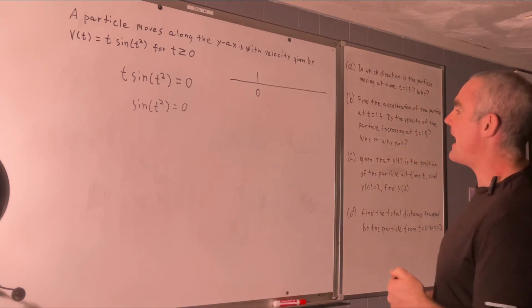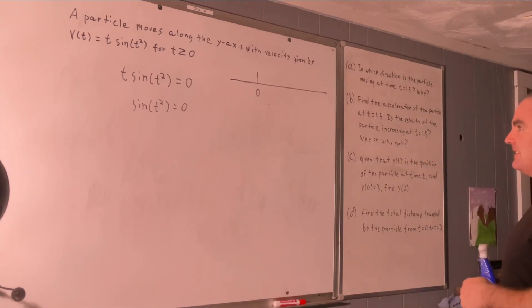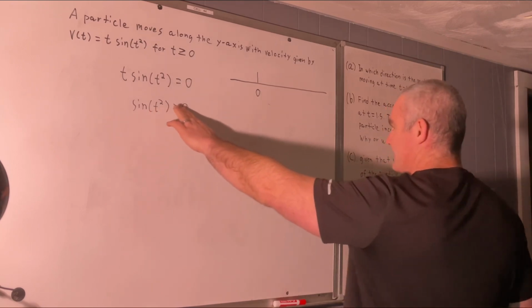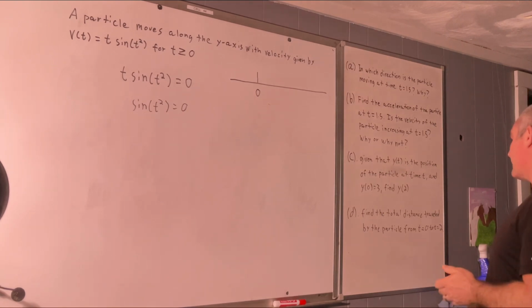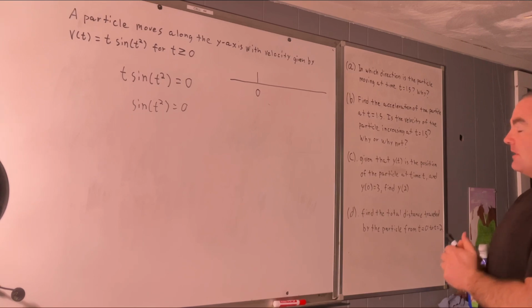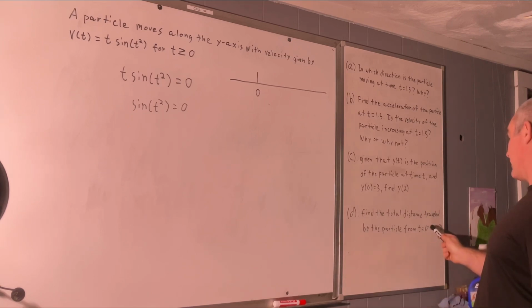We're not actually asking when sine of t is equal to 0. We're asking when sine of t squared is equal to 0. So really, we're asking when does sine equal 0 on the interval from 0 to 2 squared.